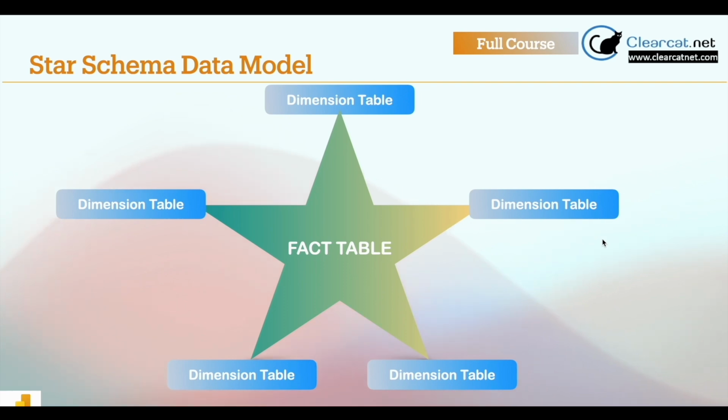In the customer table you will get everything about the customer, but in the fact table you will get only the ID of your customer, not the entire detail. But if you want to fetch the record with the help of the customer ID, you will get everything related to that particular customer, like contact number, age, date of birth, location, etc. So this is the main concept behind the star schema data model.